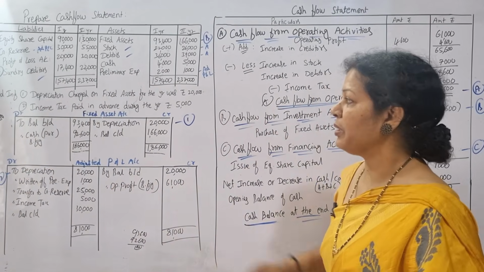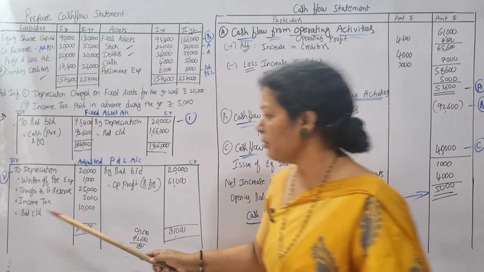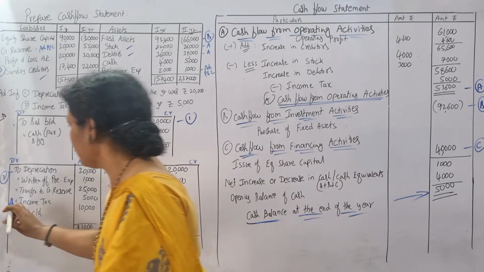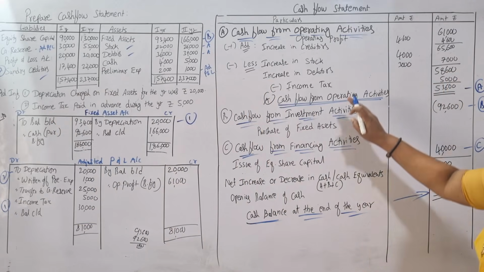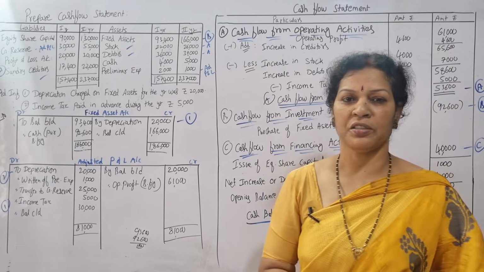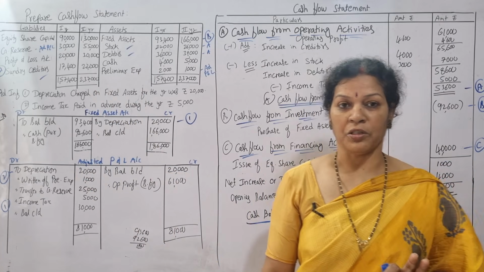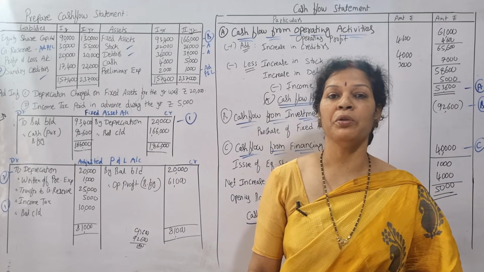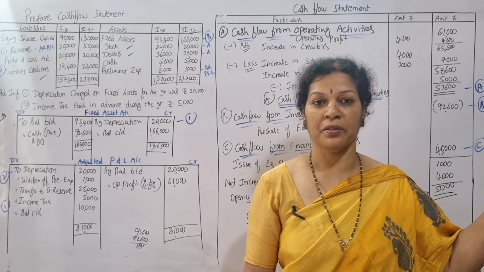In the same way, income tax also comes twice. One time is here, and second time in the cash flow statement you are deducting it. Two adjustments, simple. Whenever depreciation is given, you have to open the asset account. In the asset account, whatever you get, that amount is to be transferred to the cash flow statement.